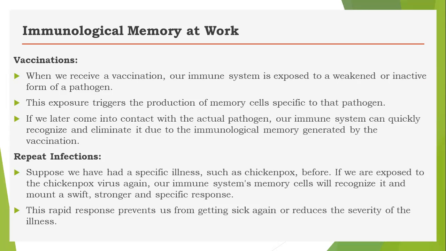And should we be exposed to an actual pathogen that carries similar epitopes on its surface, we are going to have a faster response, a specific response, and also a longer response that will protect us for a longer period of time. And like I said, the other most important concept is reinfection or repeated infection, which protects us against those.